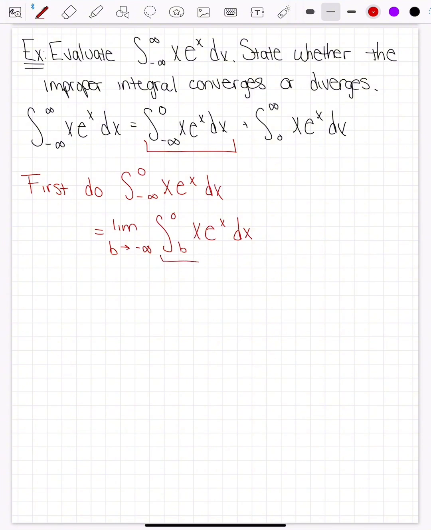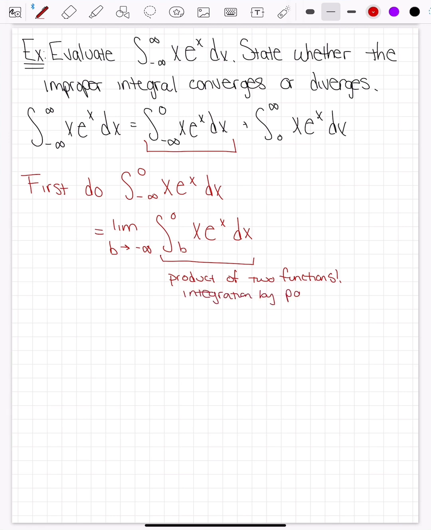So what technique can we use? This is not just a regular function. If this x was not in here, it would be just e to the x, and we could use the antiderivative of e to the x, which we know is e to the x. This is a product of two functions, so that raises our integration by parts flag.